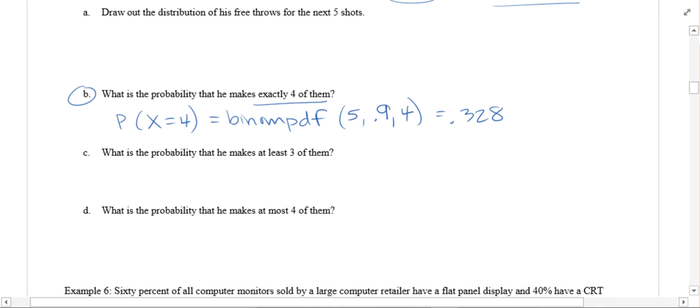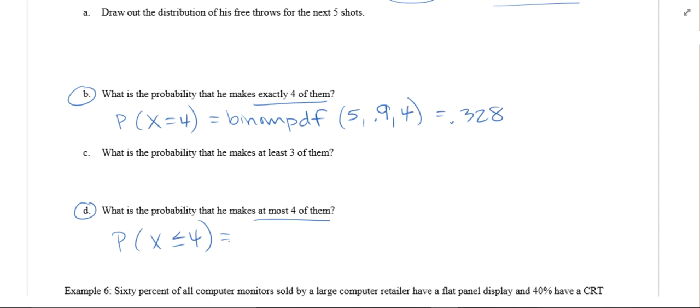Okay, we're also going to jump down and do D next. What's the probability he makes at most 4 of them? So how do you write at most? Probability x less than or equal to 4. For this one, we really want to add up 0, 1, 2, 3, 4.